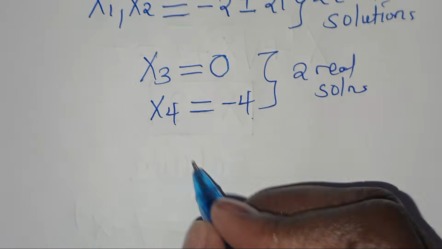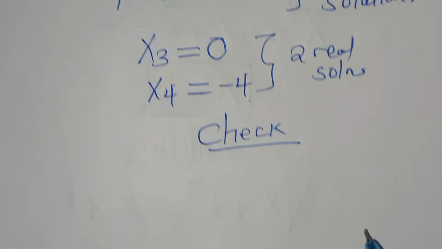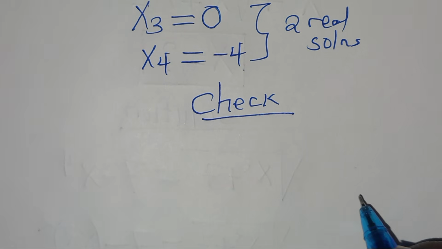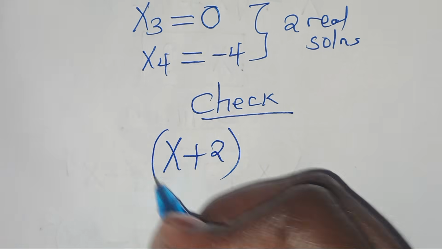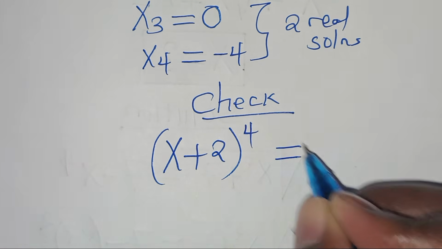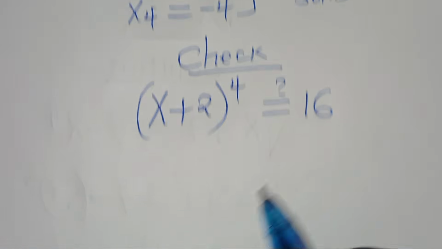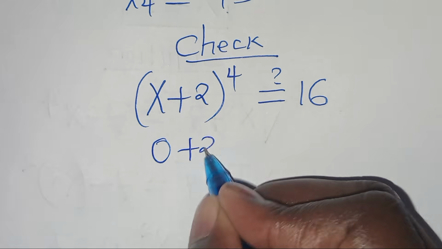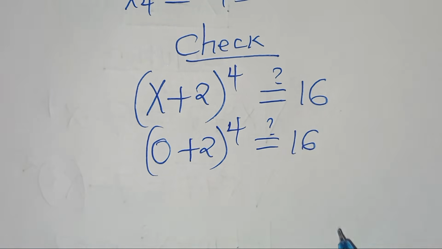Now let's check if these two real solutions satisfy the equation. If you recall, we have (x + 2)^4, which should give us a value of 16. Let's start with x3, which is 0. So we have (0 + 2)^4, which should give us 16.